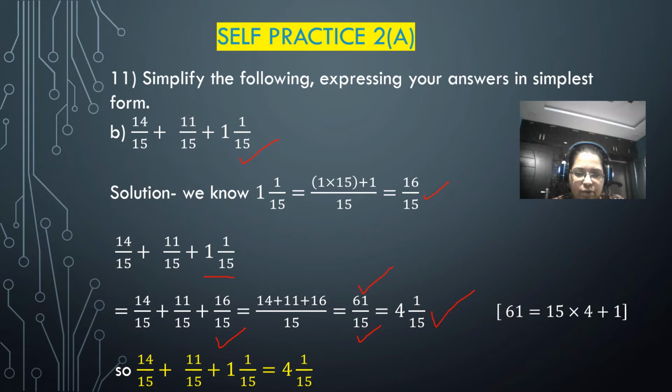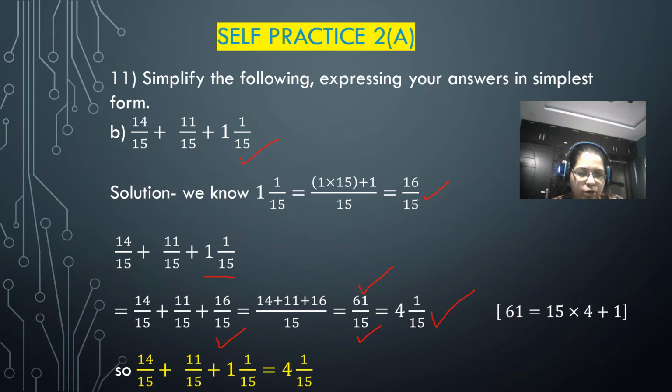Quotient, remainder divided by divisor is the mixed fraction of the improper fraction. So 4 is the quotient, 1 is the remainder and 15 is the divisor: quotient, remainder over divisor.